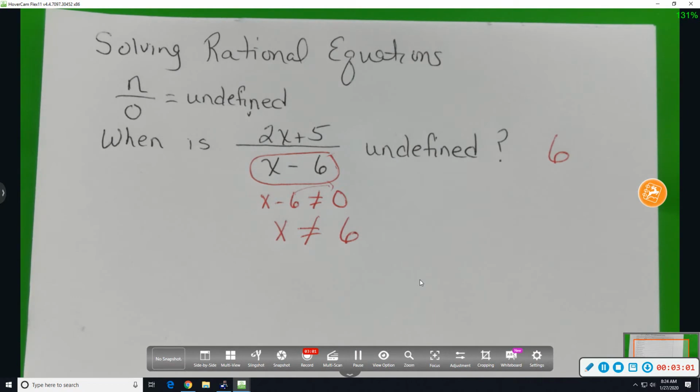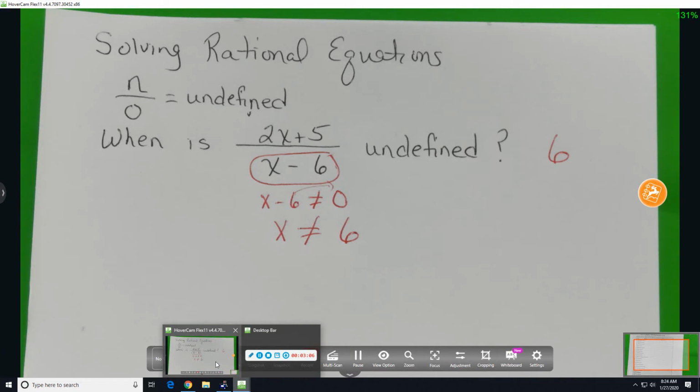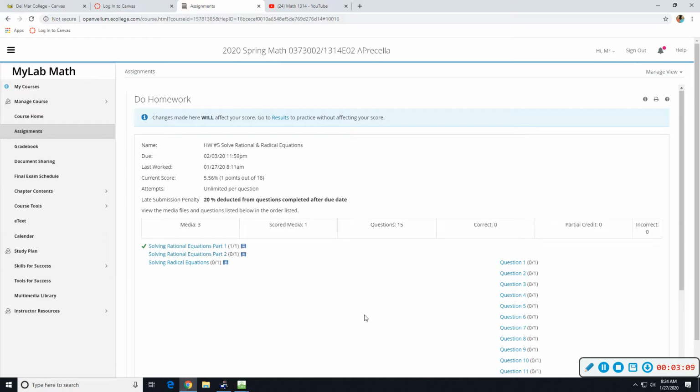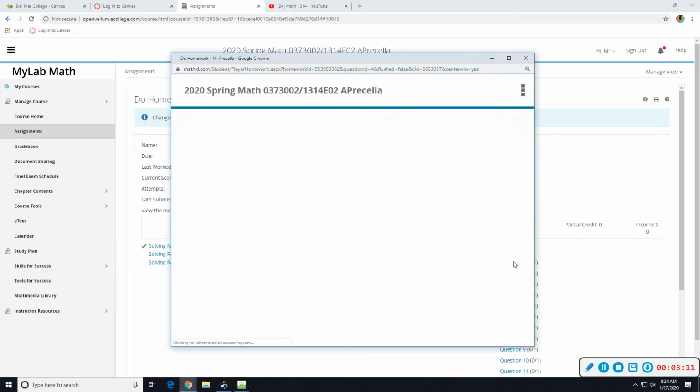Now, the first two problems of this assignment, I sort of wish the instructions had been worded just find where this fraction is undefined.